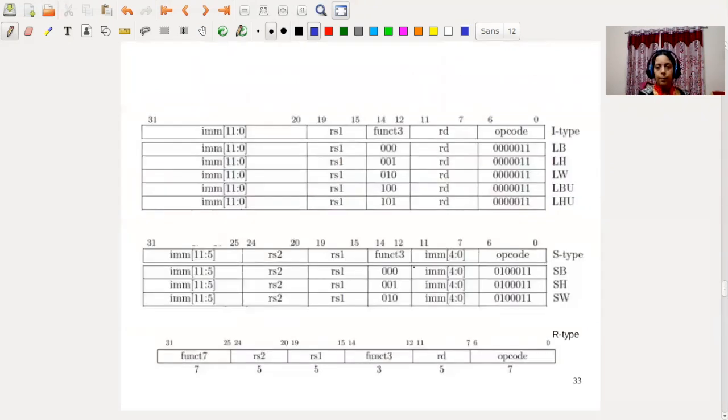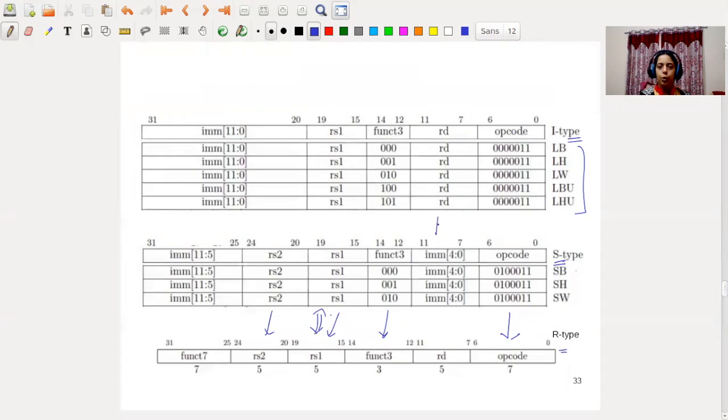So now let us compare both of them. The I type, which is the load instruction formats are specified here, all of the load formats. Then you have the S type instruction for stores, and then you have the R type. So if you compare the store and the R type instructions, the RS2, RS1, function 3, and the opcode are all in the same positions.